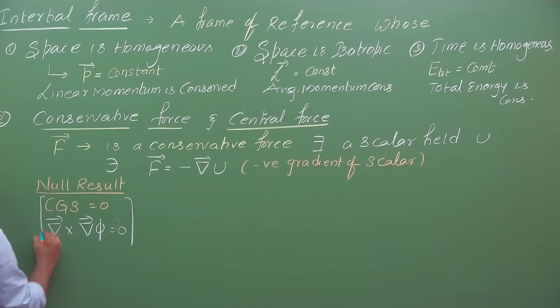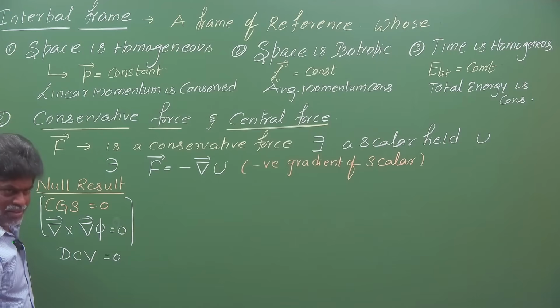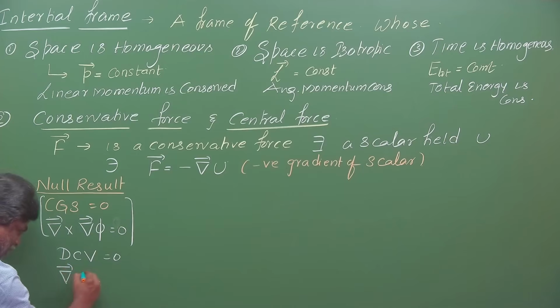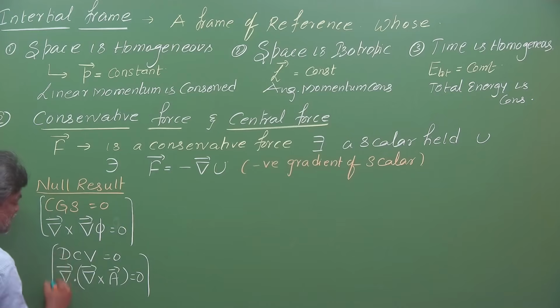This is the null result. One more null result is there: DCV equals 0, the divergence of curl of a vector is always 0. CGS is 0, DCV is 0. These are the two null results we have.